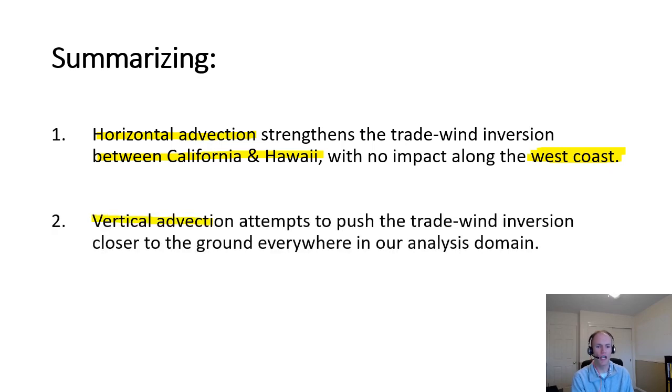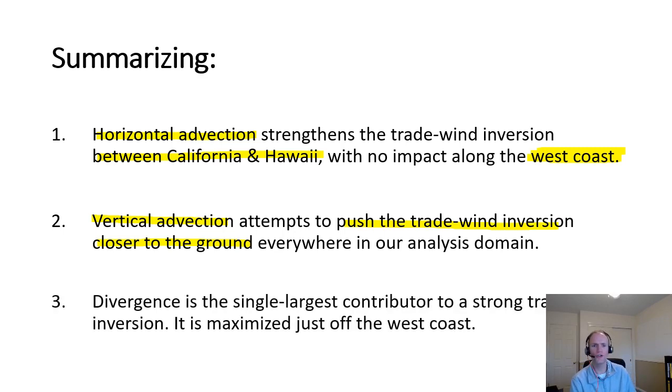Vertical advection, however, attempts to push this trade wind inversion closer to the ground. We have large-scale descent associated with the Hadley cell circulation, and though that weakens as you get to the bottom of the inversion, which becomes crucial for the divergence term, it is still nevertheless descending through the inversion within the regions that we're considering. So this term is trying to push things closer down to the ground.